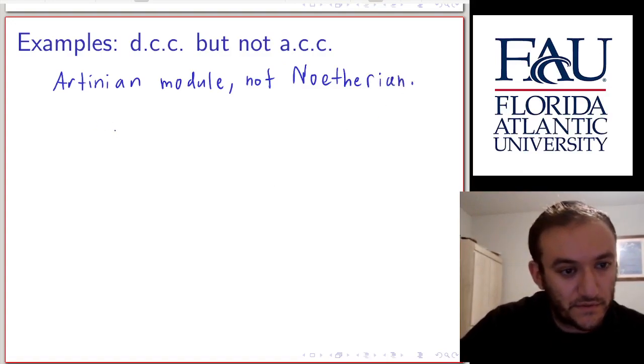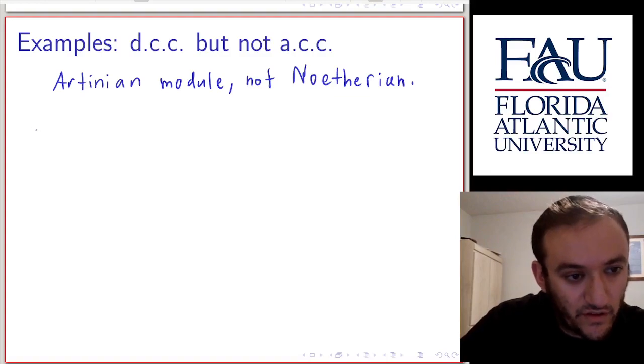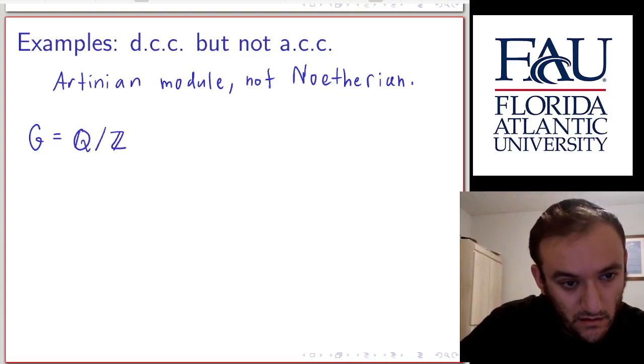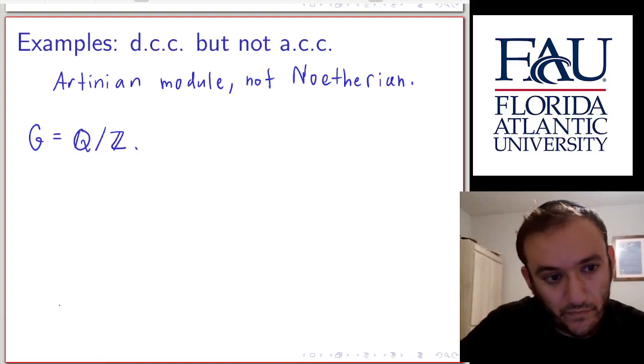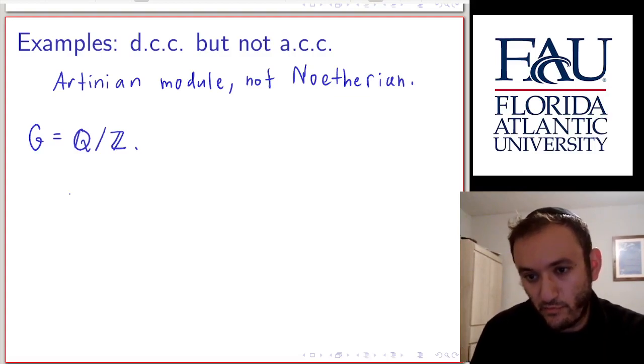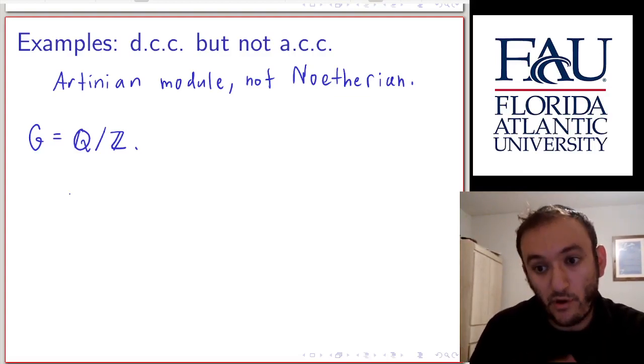It goes as follows. Let's say we're looking at G equals Q mod Z. We're looking at the subgroups where you take everything of a specific prime order or prime power order.